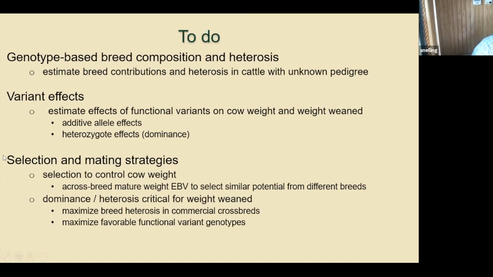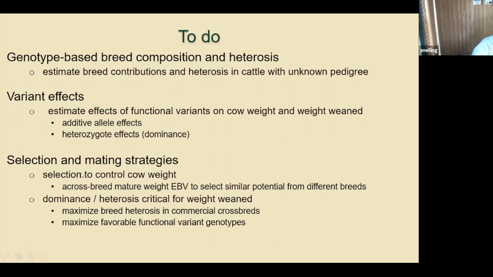And given the effects of heterosis or dominance coming out of these analyses, we need to do some work on mating strategies to maximize heterosis or the favorable functional variant genotypes.